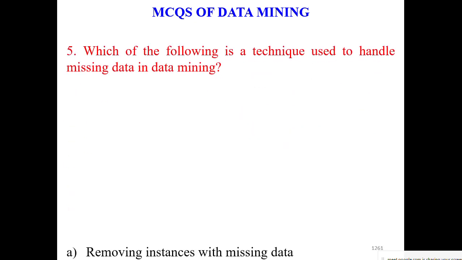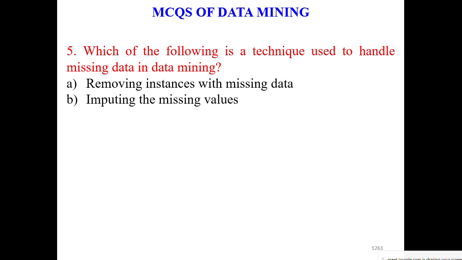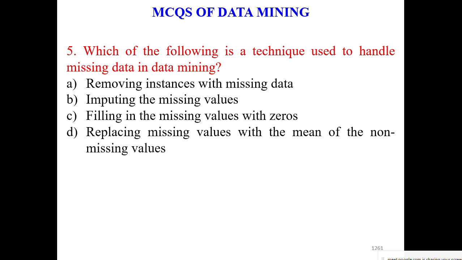Okay. Next, fifth one. Which of the following is a technique used to handle missing data in data mining? Filling the missing values with zeros, removing instance with missing data, imputing the missing values, replacing missing values with a mean of the non-missing values.